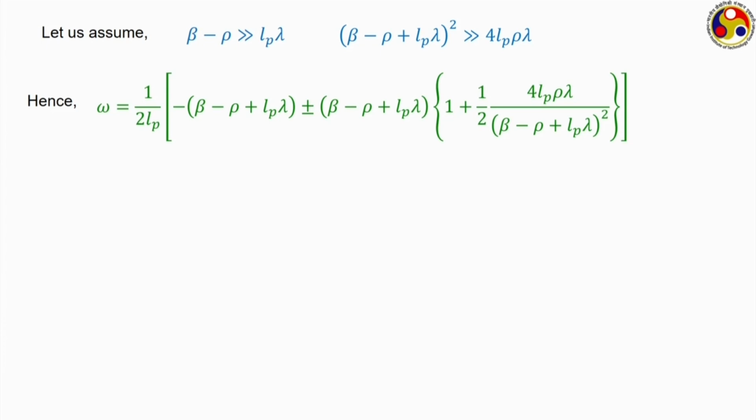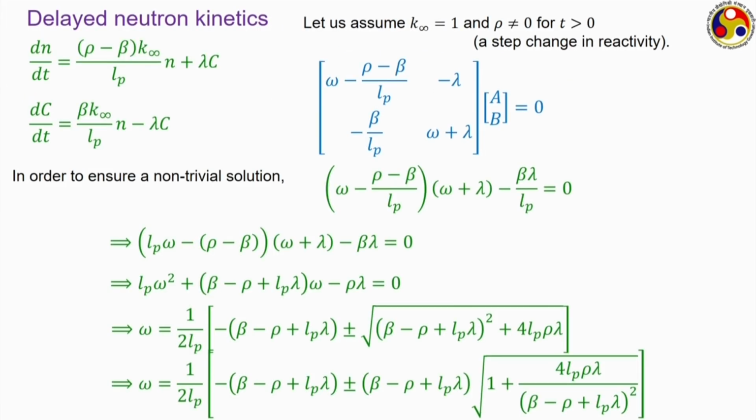If I go back to the previous slide quickly, here the numerator of this quantity is significantly smaller compared to the denominator. So, we can write this one as 4 LP rho into lambda into beta minus rho plus LP lambda whole to the power minus 2, and then we expand this one.